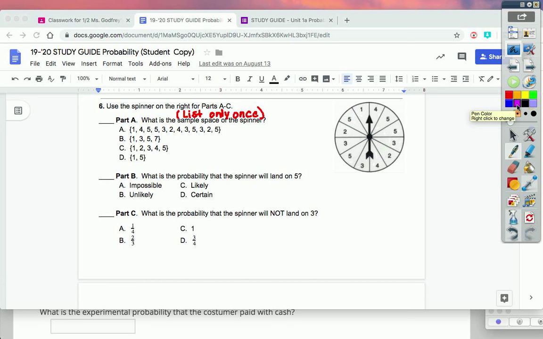So we have a 1, 2, 3, 4, and 5. So we have, again, 1, 2, 3, 4, and 5. Our sample space is C.